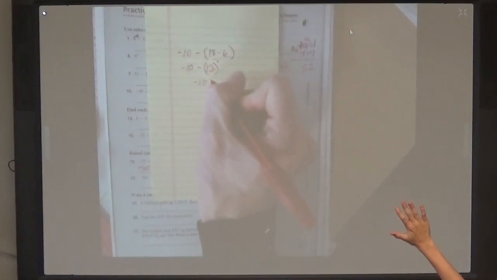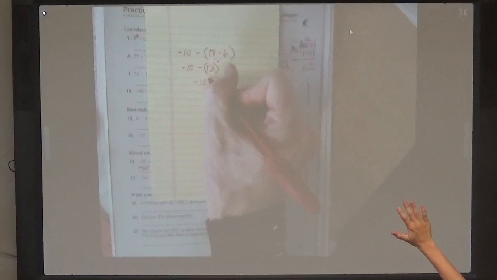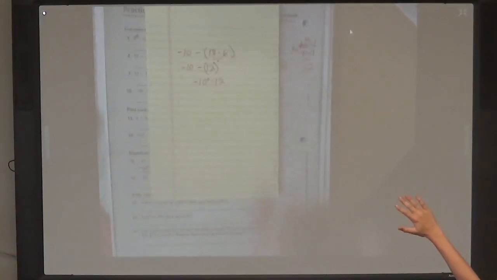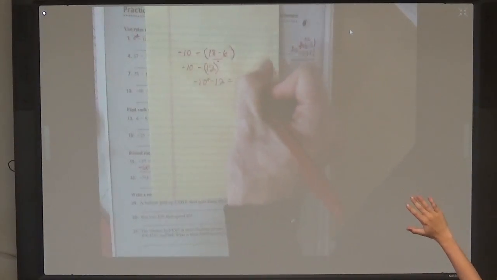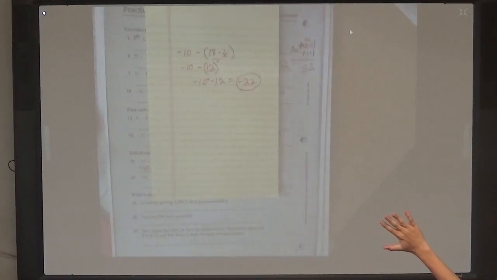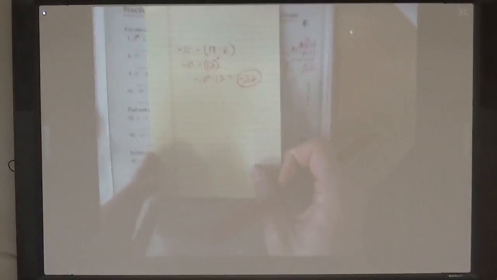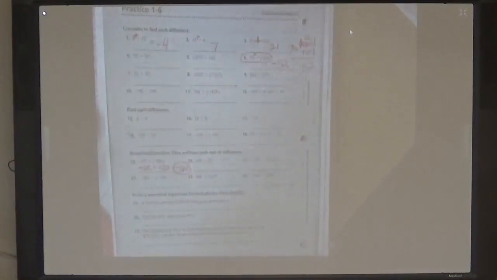Negative 10 minus 12, which is just negative 10 plus negative 12, which equals negative 22. Yeah, you could rewrite it if you want to. Any other questions on this worksheet?